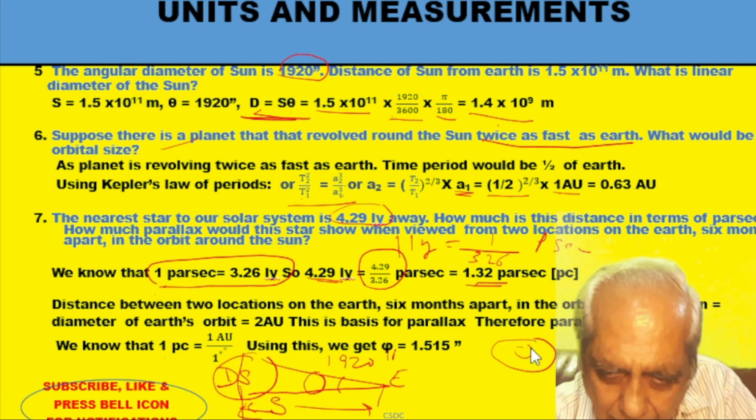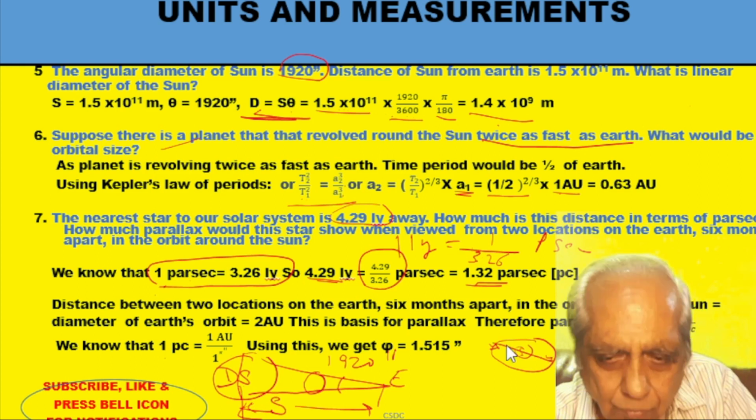So 6 months means you are here and here, so this distance is 2 AU. This forms the basis. So the basis is 2 AU and S is given to be 1.32 parsec.